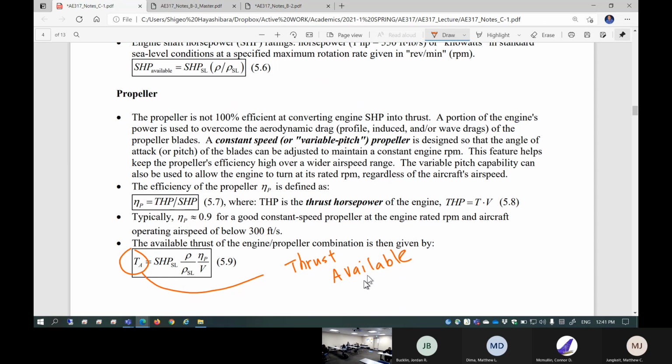So thrust required is going to be combined with thrust available, and you are going to have some excess thrust. How much excess thrust you have at each flight condition or configuration is going to contribute to your performance. So thrust available and thrust required is going to show up next.